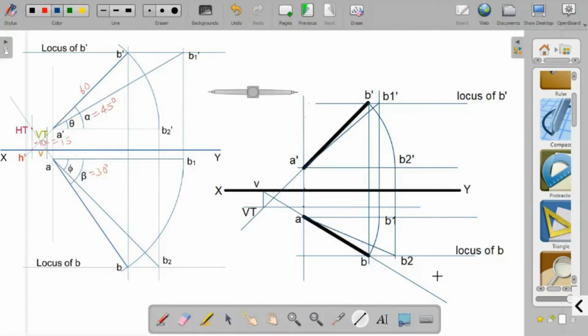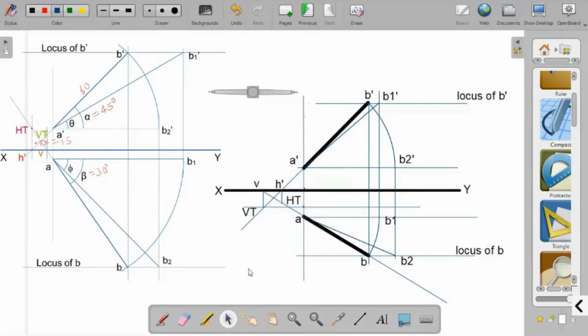The inclination of A B2 with the XY line will give you the angle phi. And H dash as well as HT. This point is H dash, and from H dash draw a vertical line. That particular point is HT.